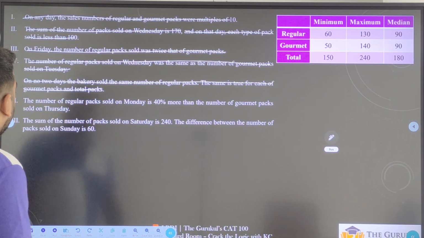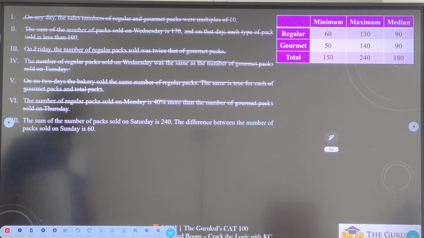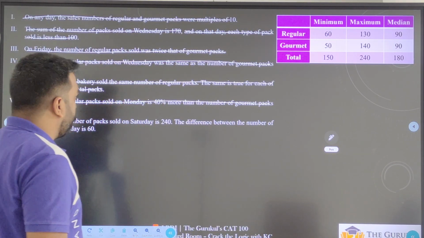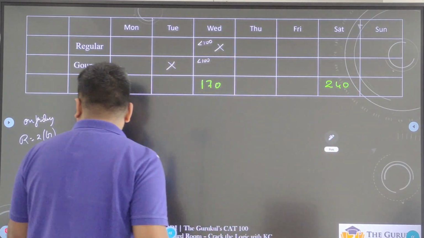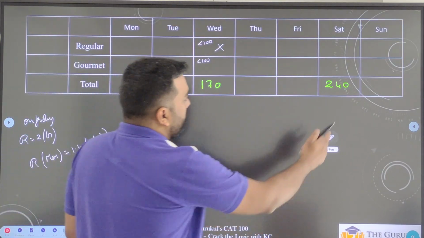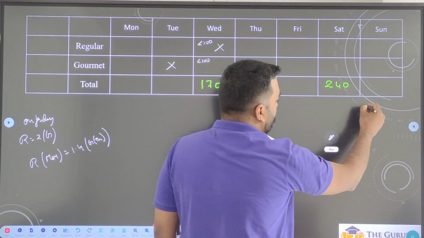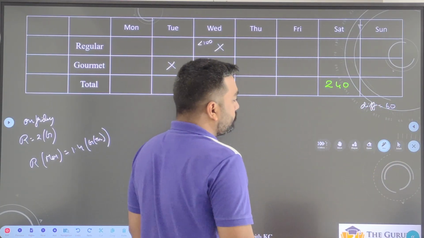Very good. This statement is also done. The sum of the number of packs sold on Saturday is 240. Saturday total I know is 240. Very good. And the difference between the number of packs sold on Sunday is 60. The difference between these two is equal to 60.